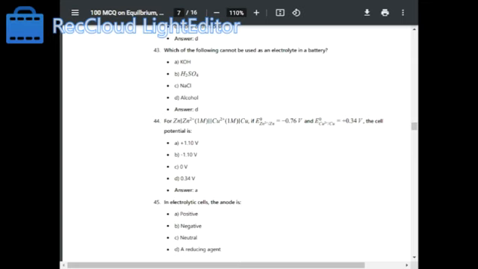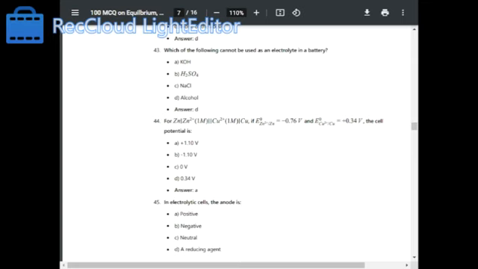If Zn oblique Zn plus 2 1 mole, Cu plus 2 1 mole, Cu, and E naught Zn plus 2 oblique Zn is equal to minus 0.76 volt, and E naught Cu plus 2 oblique Cu equal to plus 0.34 volt, the cell potential is, you will add 0.34 plus 0.76, that is equal to 1.10 volt.